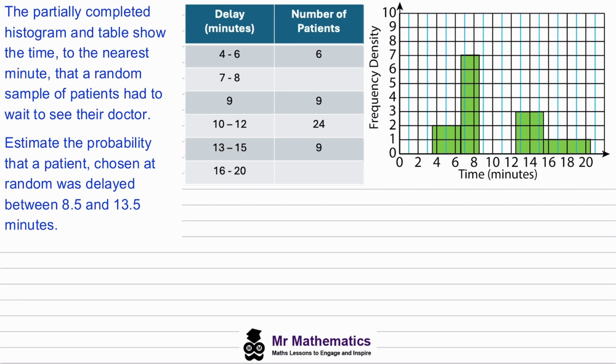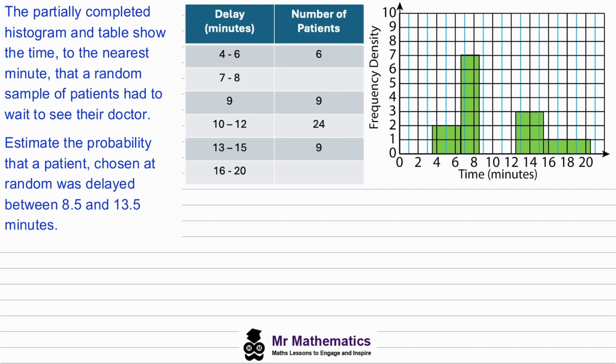So the first thing we need to do is to complete our histogram. Because we've plotted the minutes along the continuous scale and the data is given as discrete values, we've had to use continuity correction, where we're looking at the upper and lower bound of each number.